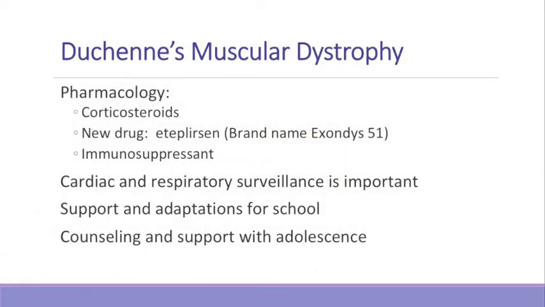The doctor will prescribe glucocorticoids. In 2016, the FDA approved this drug, eteplirsen. I'm pronouncing that the best I can because I can't find a way to pronounce it online. But anyway, there was an original study in 2016 that found that it produced dystrophin.